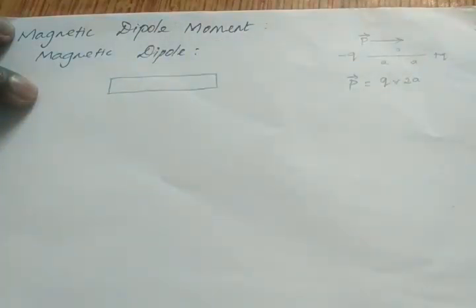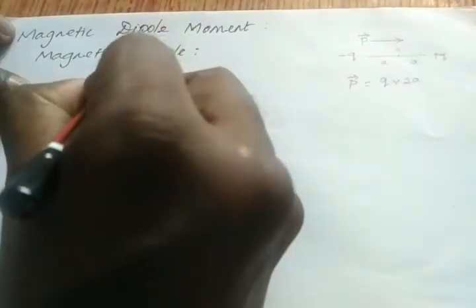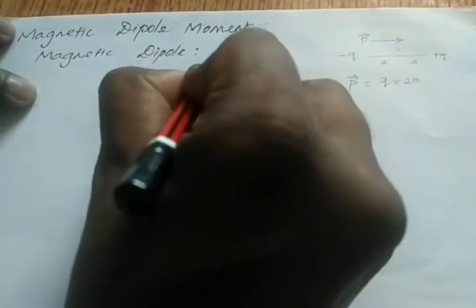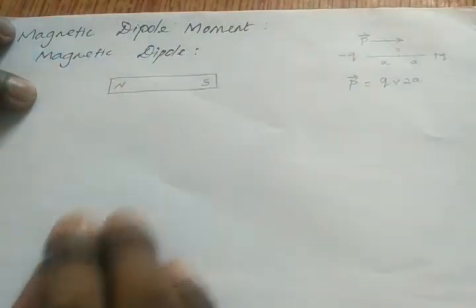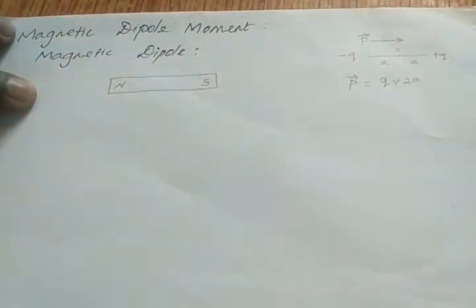A magnet with the shape of a rectangle, circle or square is known as a bar magnet. This magnet has two poles, as you already know, north pole and south pole. We will study this magnet in the next chapter, magnetism and matter, all the properties of magnets and magnetic field lines.